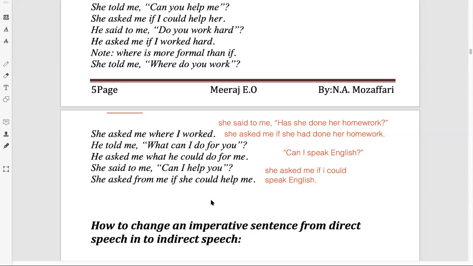Okay. And now we are going to practice with WH words. For example, here we have another example like this. I said to you, what was your homework?